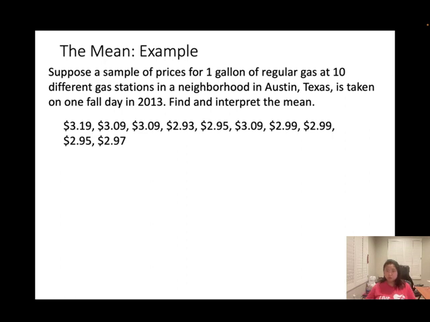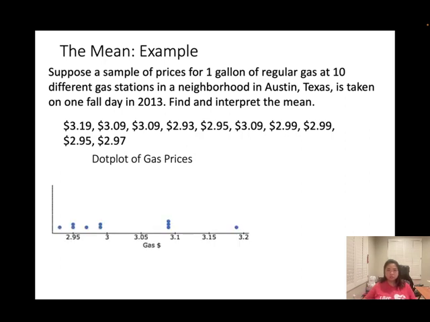Remember what's the dot plot? Try. Okay, this is my dot plot.